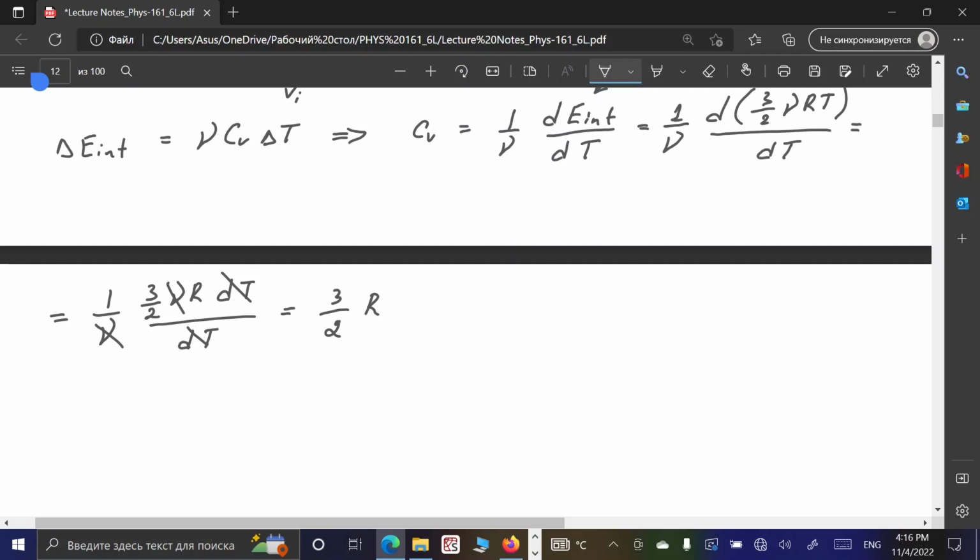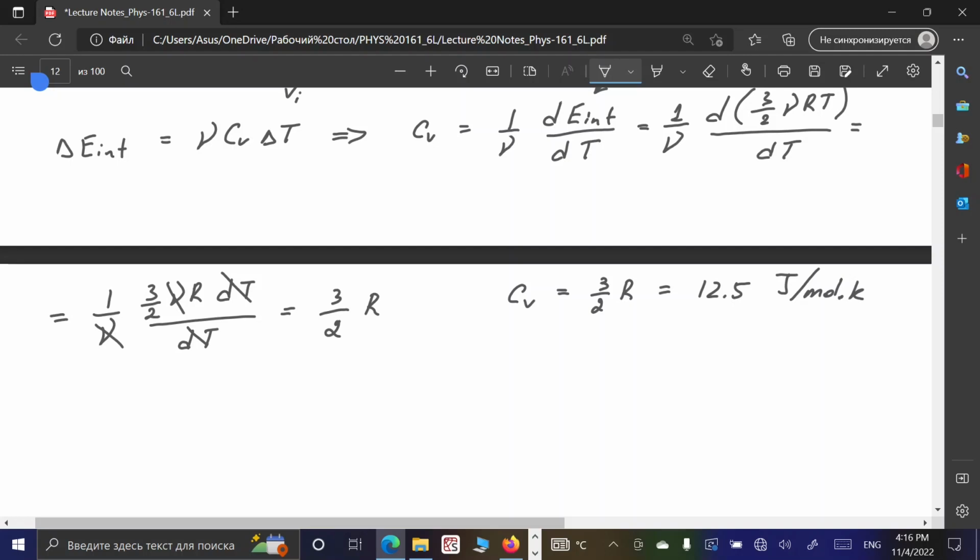So for monoatomic ideal gas, molar specific heat capacitance at the constant volume process, isovolumetric process, Cv will be equal to 3 halves times R, or we can even give the numerical value that will be 12.5 joule per mole per Kelvin.